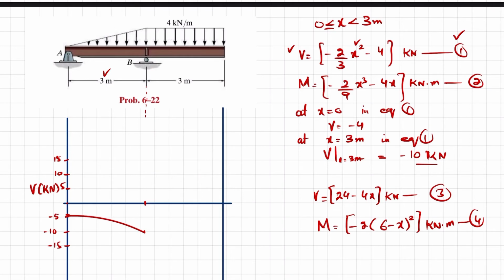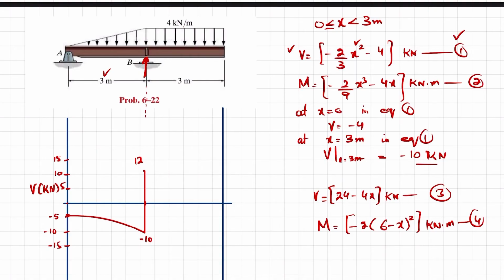Now at point B we have RB is 42. So this is minus 10 plus 22, which is 12. So 12 will be this point. Shear force will suddenly change from minus 10 to 12 kilonewton.